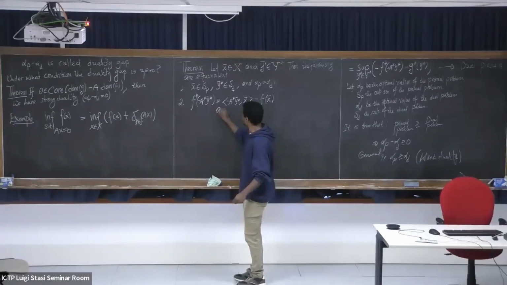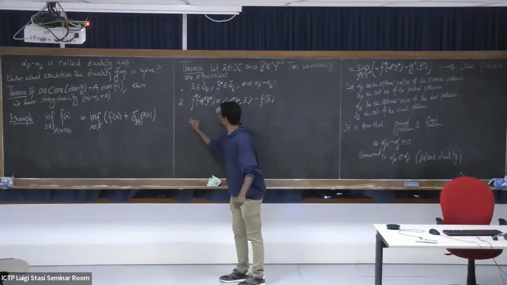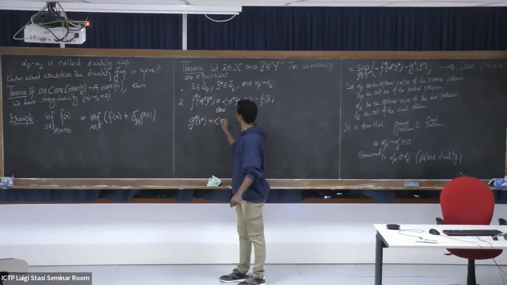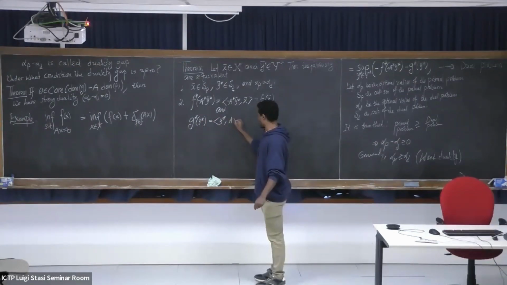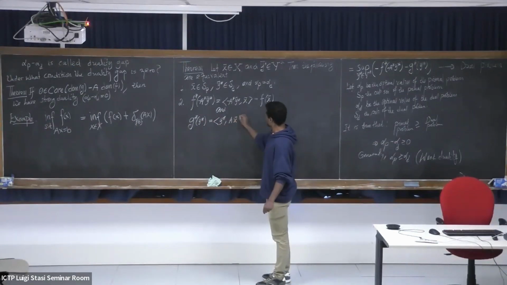And G star of y star equals y star x bar minus G of x bar.